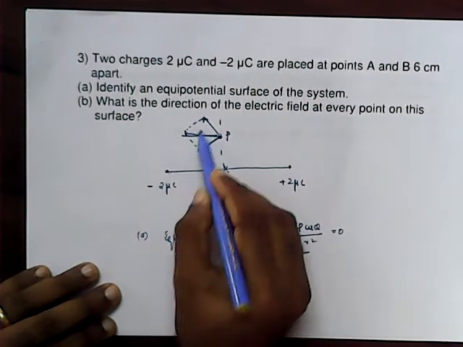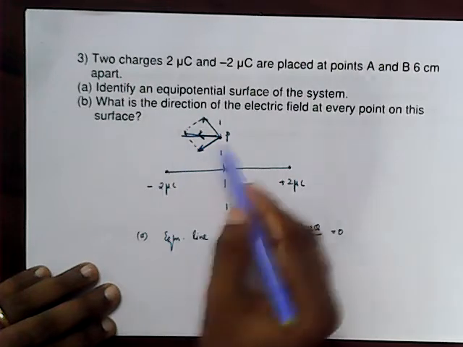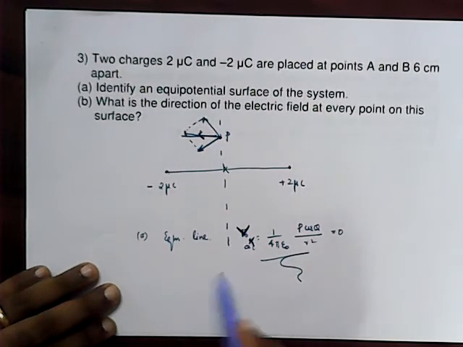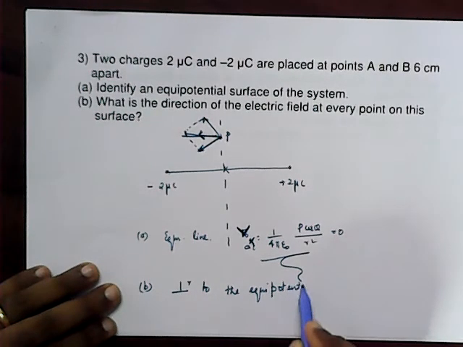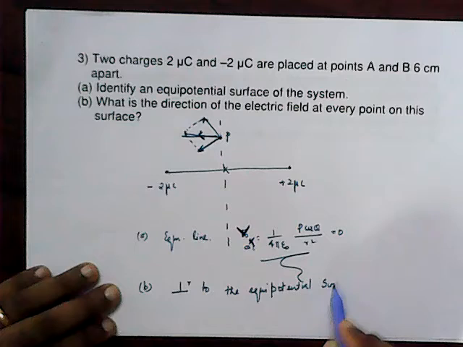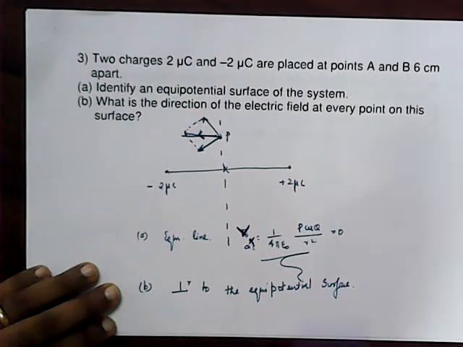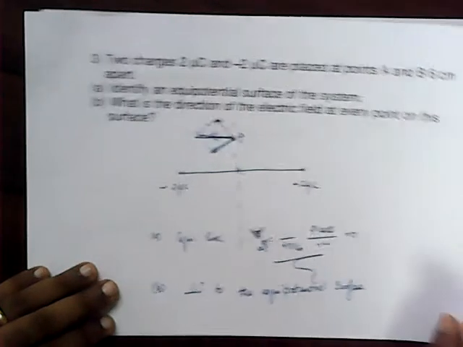The resultant is acting in this way, perpendicular to the equipotential surface. Electric lines of force are always perpendicular to the equipotential surface. A good aspect to keep in mind.